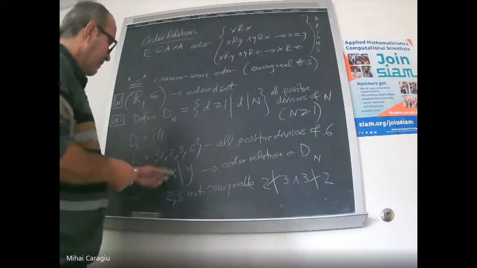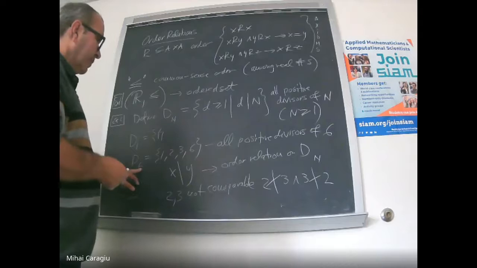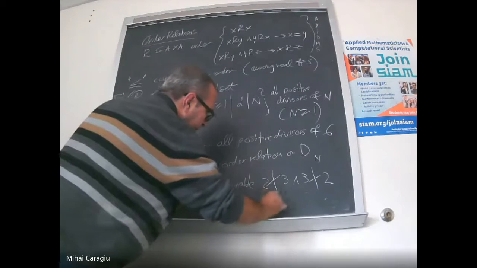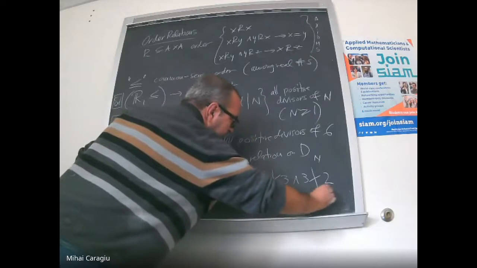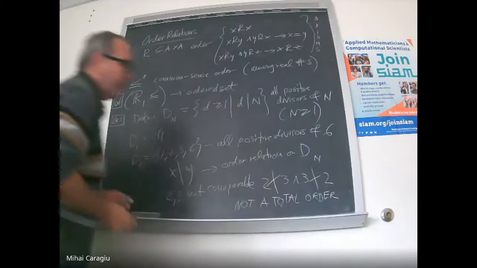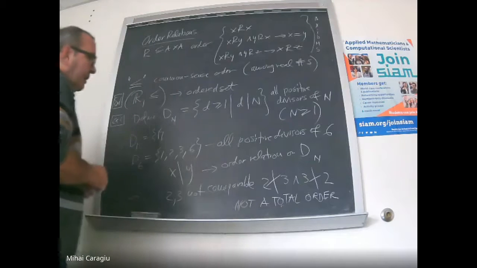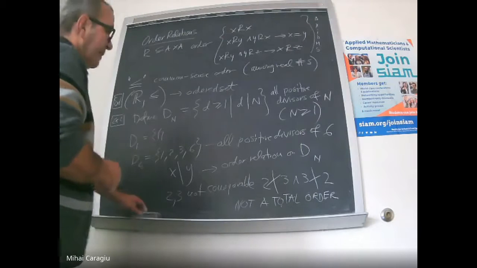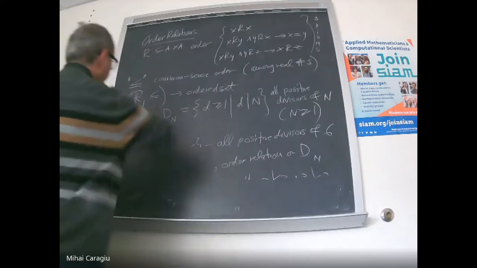So the order relation divisibility on the set D6 is not a total order, in the sense that not every two elements in D6 are comparable. For example, 2 and 3. Therefore, in general, we'll define the general concept of poset. So let me start from scratch here.